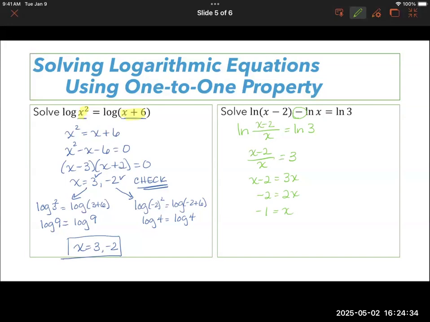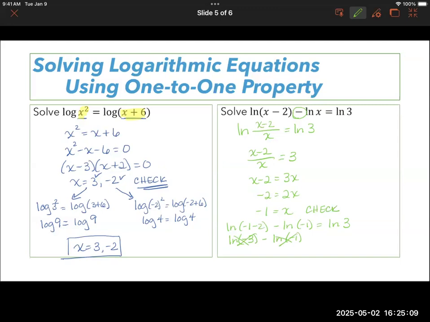Now, when I go to check this one, I'm looking at the natural log of negative 1 minus 2 minus the natural log of negative 1 equal to the natural log of 3. Now, even if that does work out, our issue is we end up with a natural log of negative 3 here, and we already have a natural log of negative 1 here, and those cannot be evaluated.